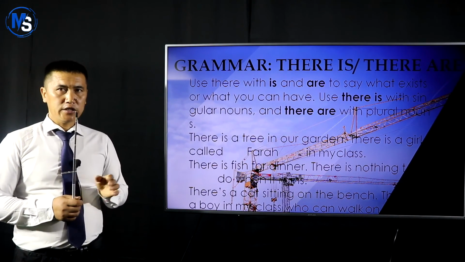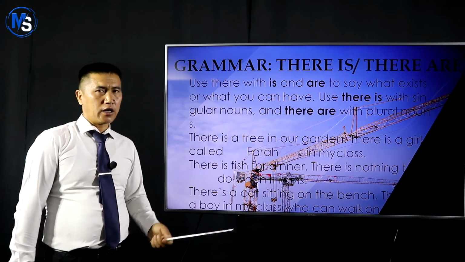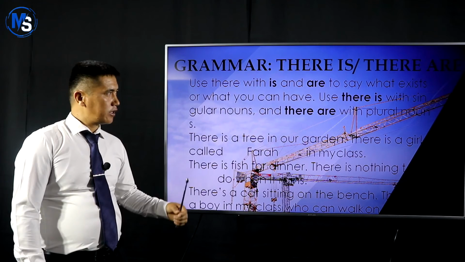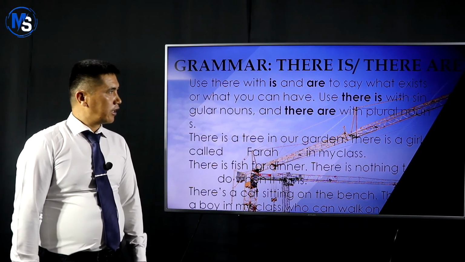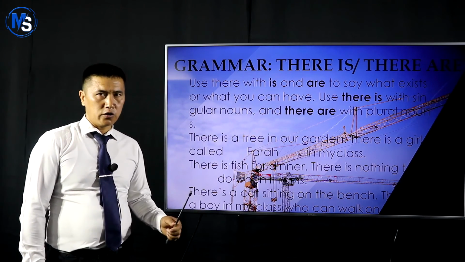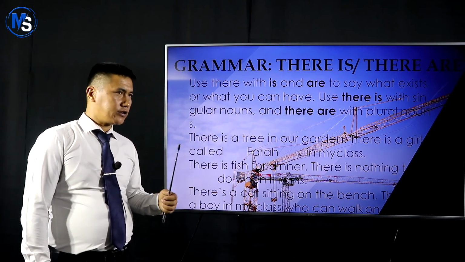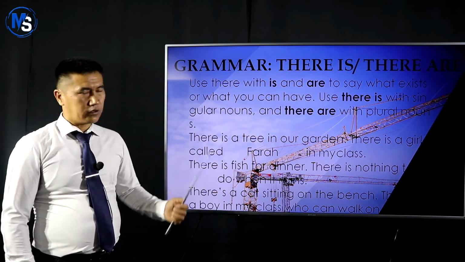For example, is there any student in the classroom, or are there any students in the classroom? And the answer is yes or no. Yes, there is, or no, there is not. Yes, there are, or no, there are not.